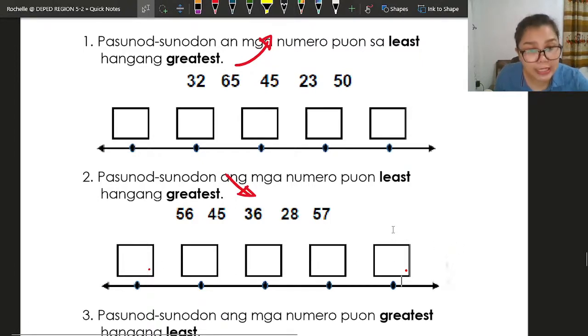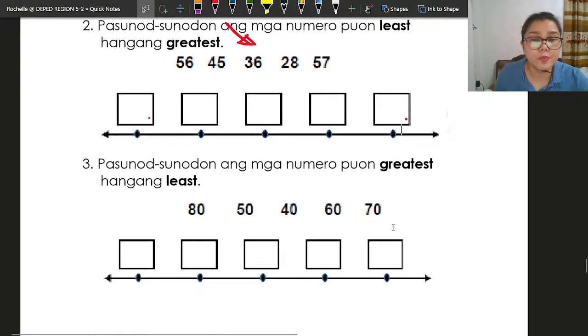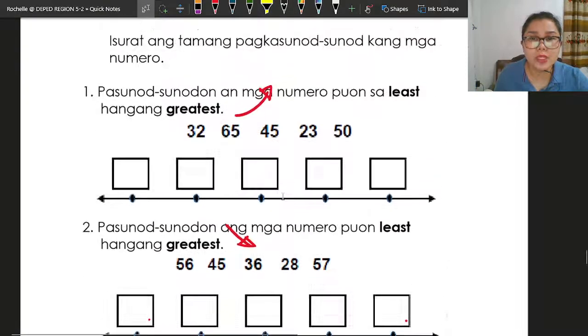Bawal ang baliktad. Okay. Resume, play, or play it again if you're done with number 2. Next, pagsunod-sunod ang mga numero po sa greatest hanggang least. So, again, this follows. Ay, sorry. Mali. Mali pala to. Sorry. I-correct natin ito. I was meaning the other way around.